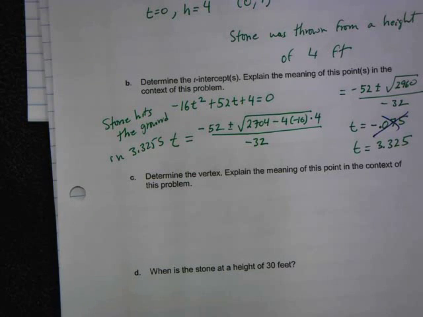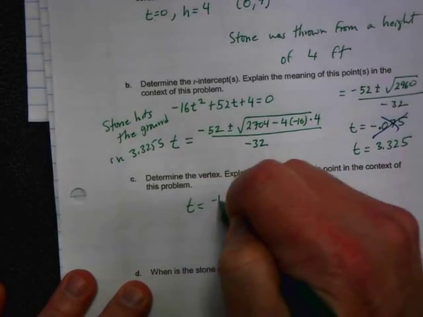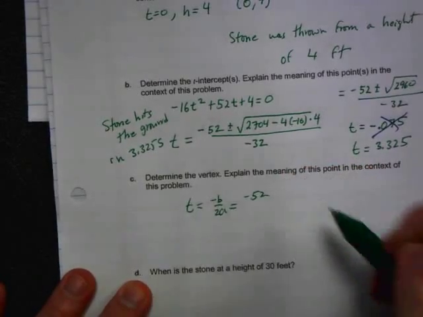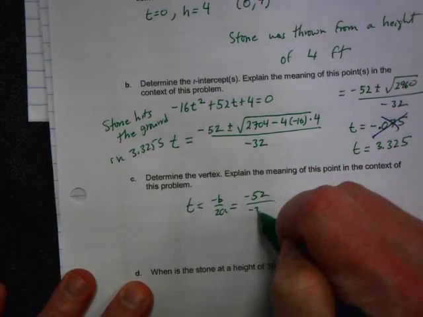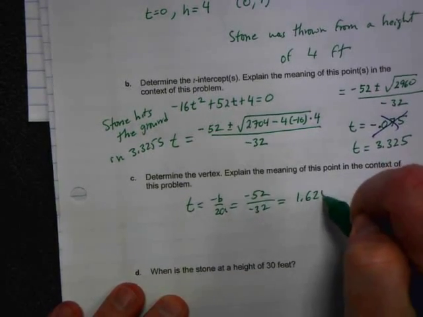Determine the vertex. How do we find the vertex? T equals negative b over 2a, which is going to be negative 52 over negative 32, which is 1.625.